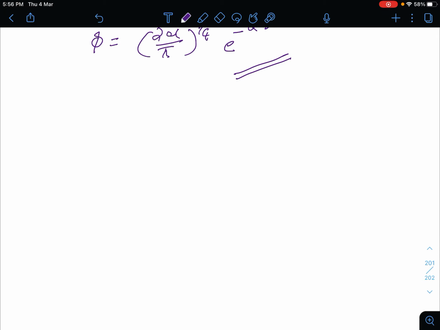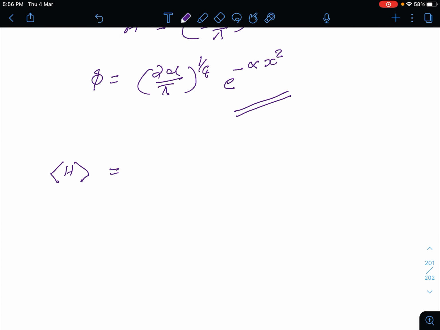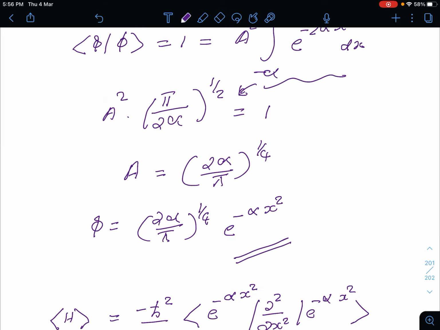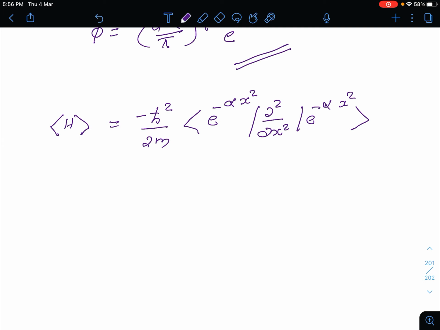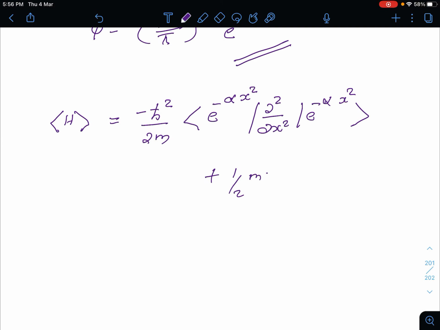So let's find out the expectation value of the Hamiltonian. The expectation value of the Hamiltonian is minus h cross square by 2m, integral of e raised to minus alpha x square, dou square by dou x square, e raised to minus alpha x square, and what next, plus half m omega square, e raised to minus alpha x square, x square, e raised to minus alpha x square.